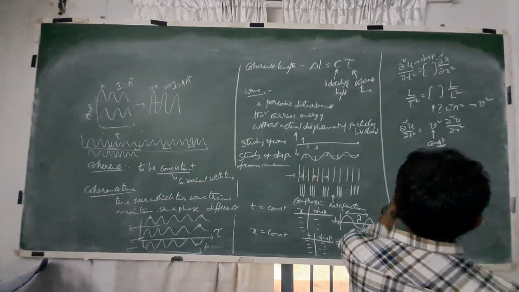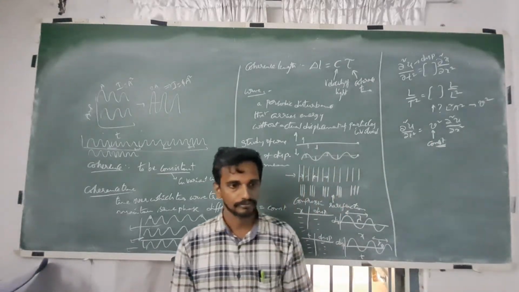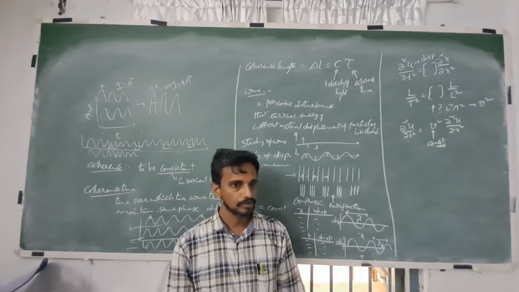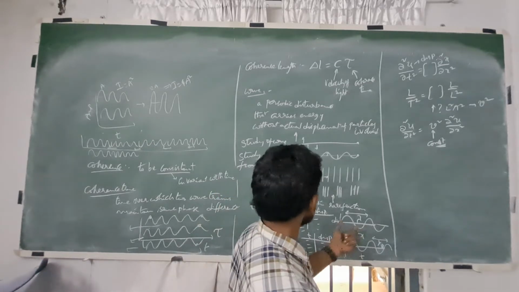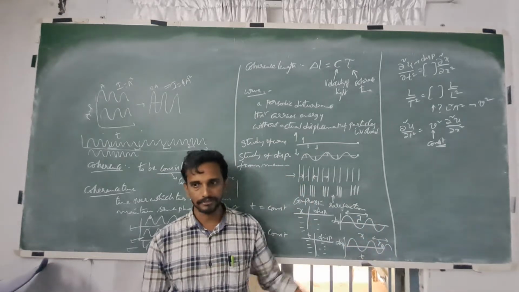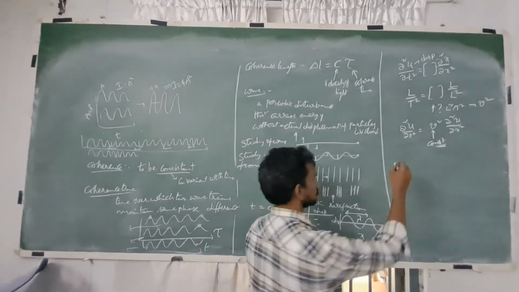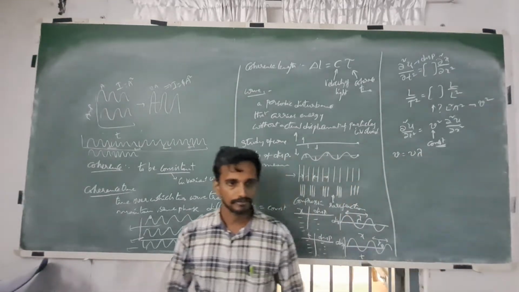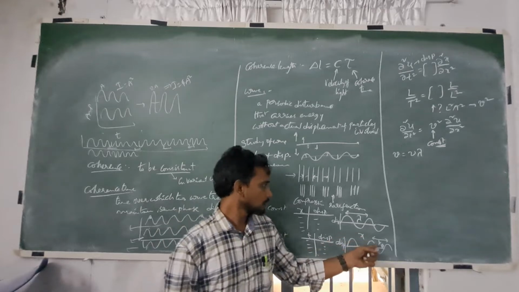Then how to obtain that constant? It is obtained by multiplying the constant parameters defined in each domain. So V is obtained by mu, which is what?